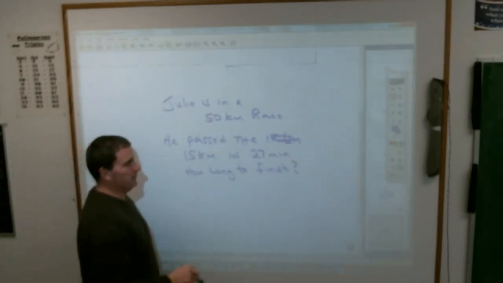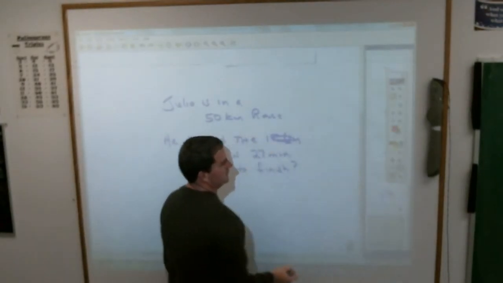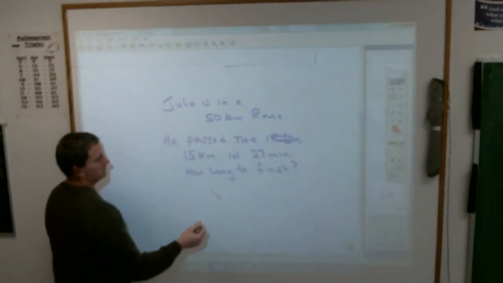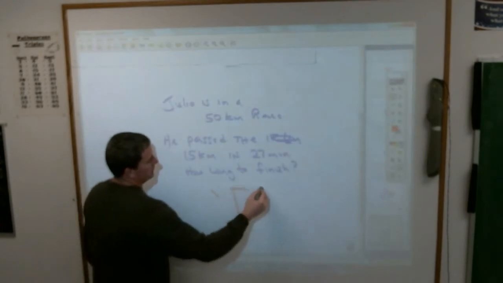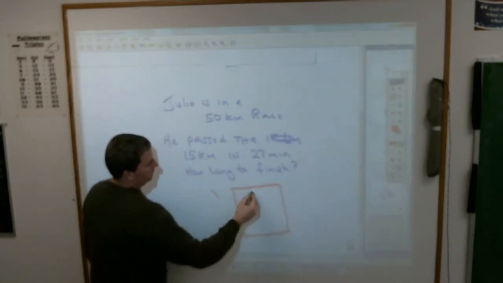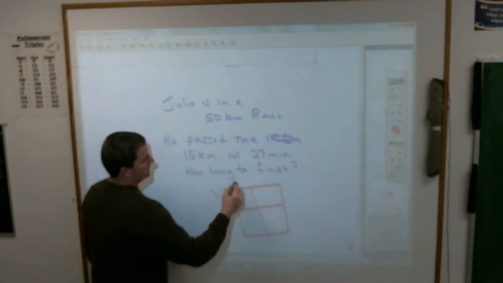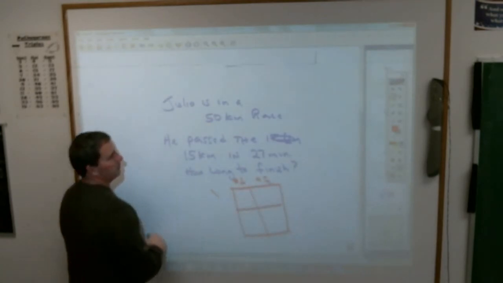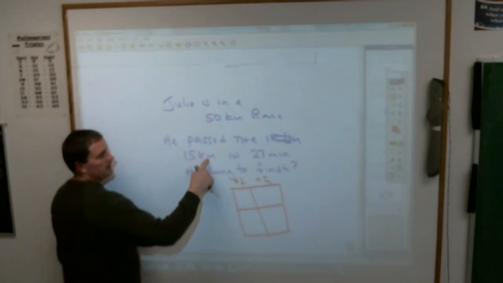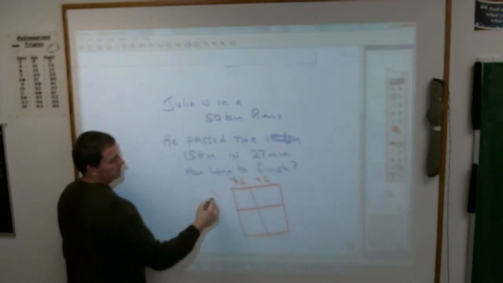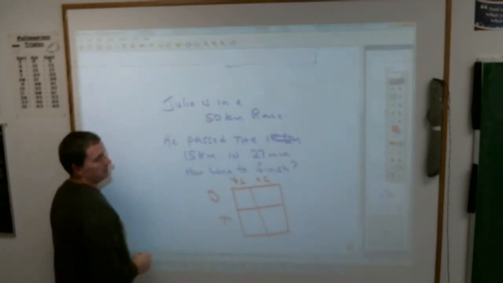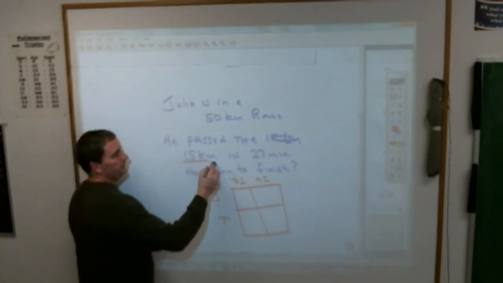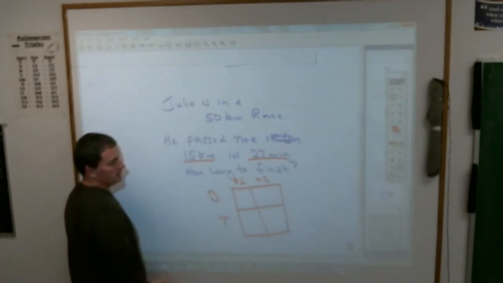And again, you're given 2 different cases, and it is a proportion problem. So we draw our box, separate it into 4 spots. This is case number 1, case number 2. We're comparing his distance to his time. In case number 1, let's do the one they give us: 15 kilometers in 27 minutes.